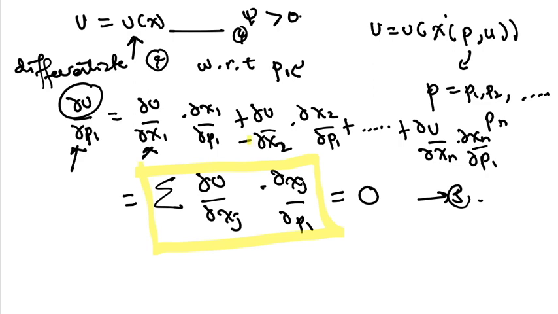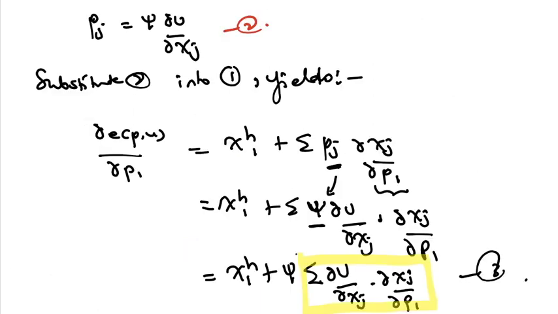So what happens here is that we need to substitute 5 into 3. When we substitute 5 into 3, what do we get here? 0, isn't it? So let me rewrite it again here.